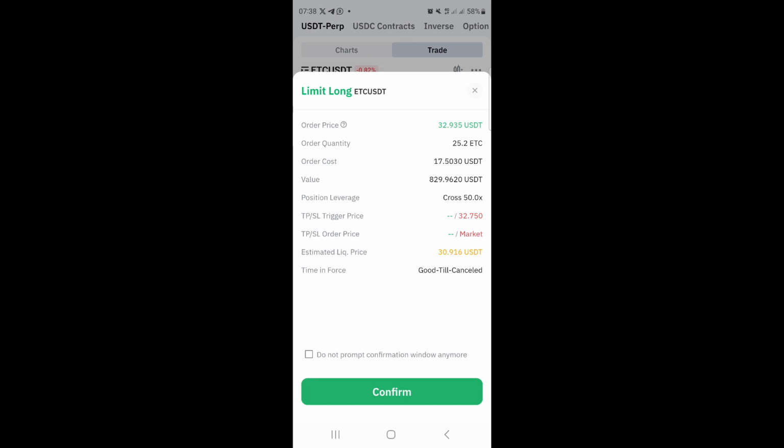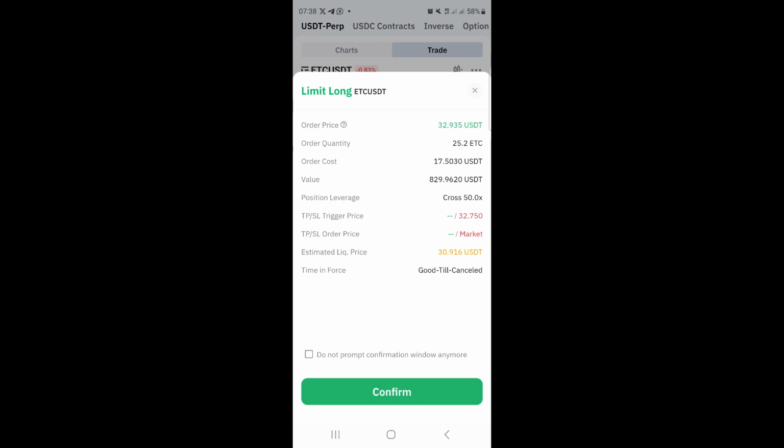For a long trade, your liquidation price must be below your stop loss, while for a short trade, your liquidation price has to be above your stop loss, so that your stop loss activates and takes you out of the trade before it ever gets a chance to liquidate. You understand? Another thing I want you to remember is that in a short trade, your stop loss is above your entry, while in a long trade, your stop loss is below your entry.